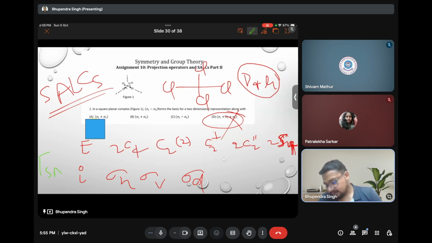Now tell me, this is, let's say, sigma 1, sigma 2, sigma 3, sigma 4. So by applying the E operation on this square planar complex, considering the bases are your bonds, what will be the character after applying the E operation?